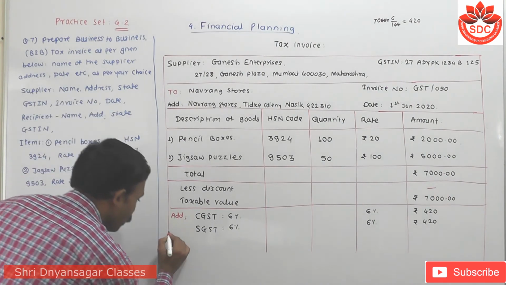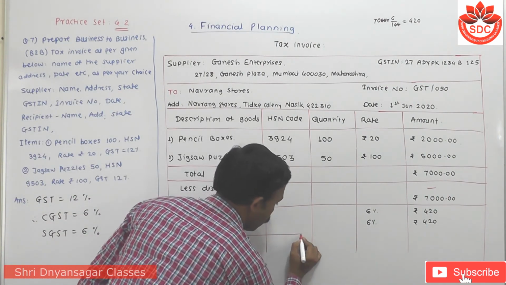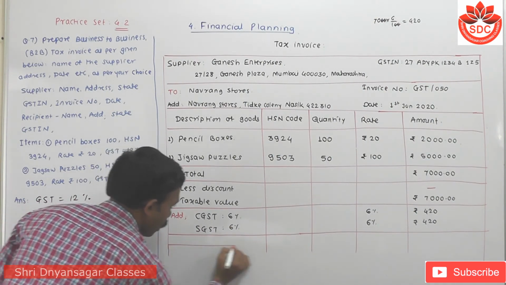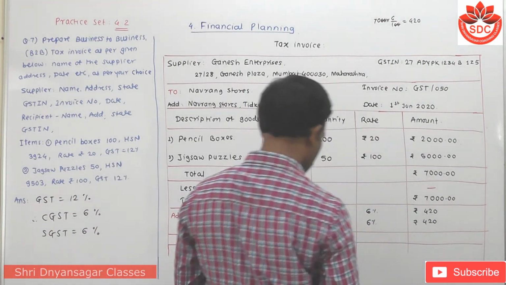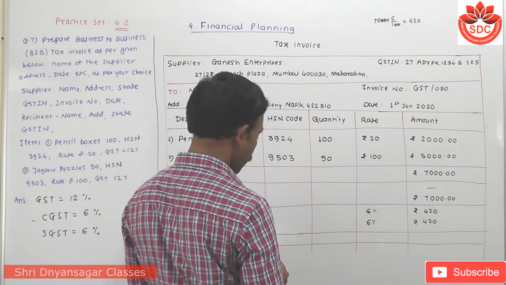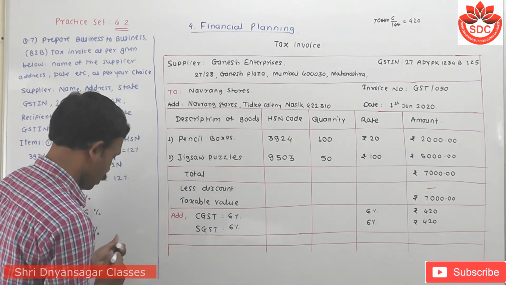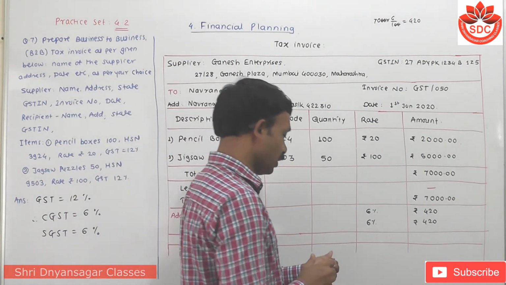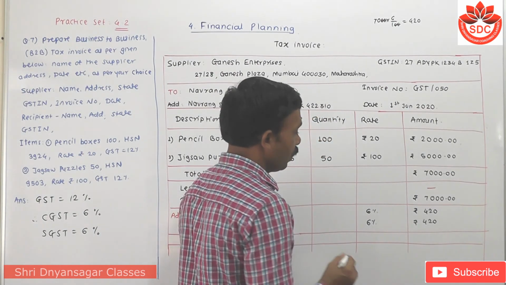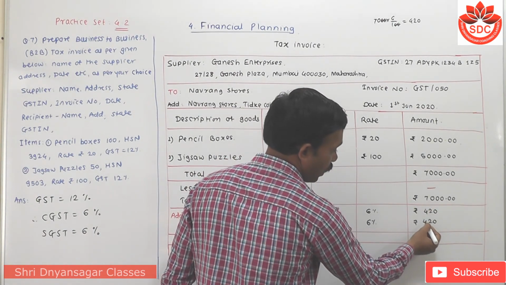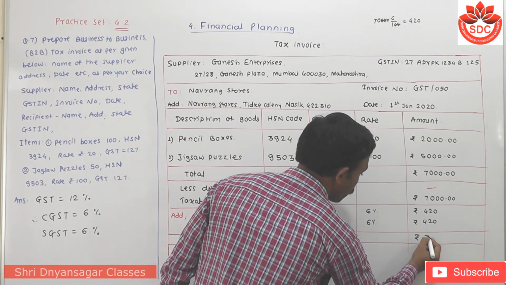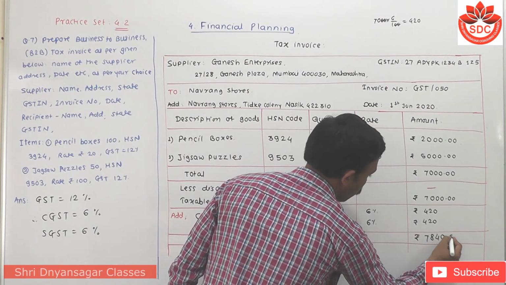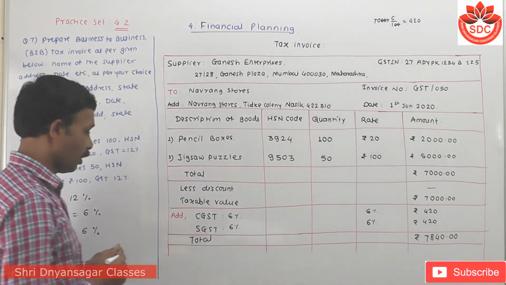Now student, then we have to take its total. This is the total amount here. This total is, means that you have to add CGST and SGST into this also. We get here, this one is 7000 plus 840, means rupees 7840. This is the total amount here.